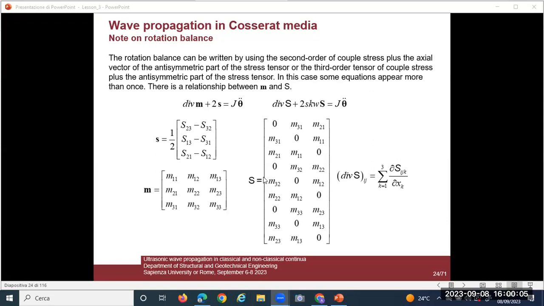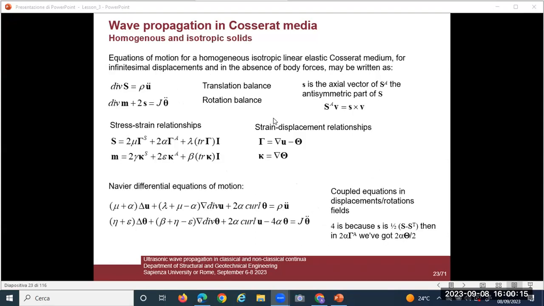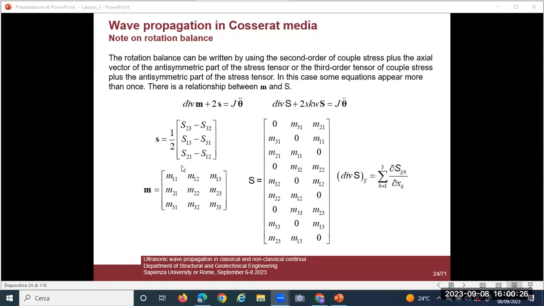Yes, here just look at that, because the rotation balance can be written in different ways. Here I wrote it as the divergence of M. M is this matrix.